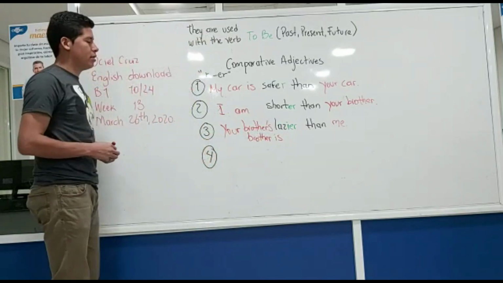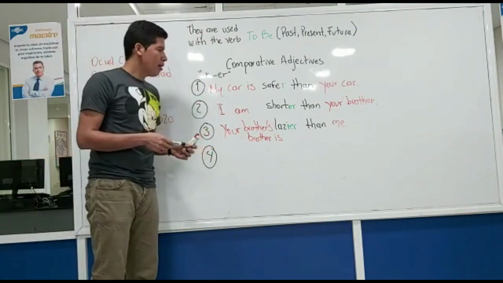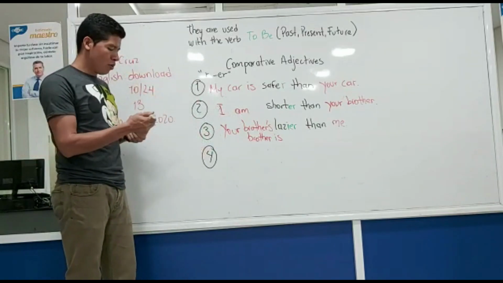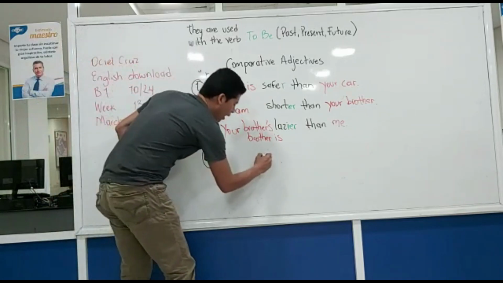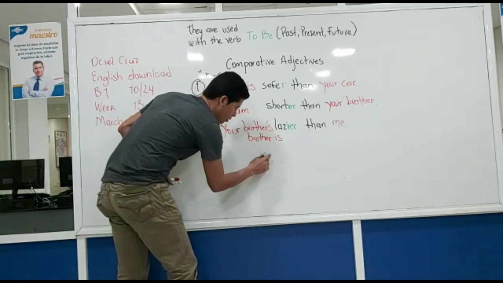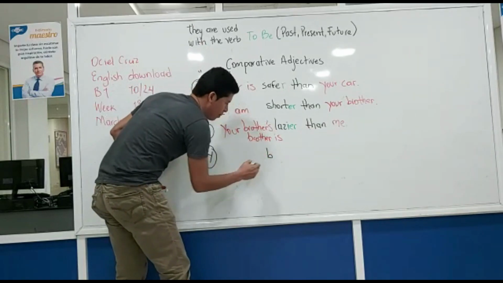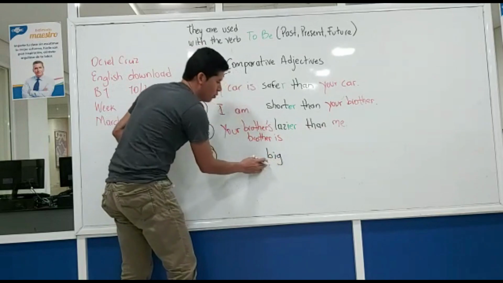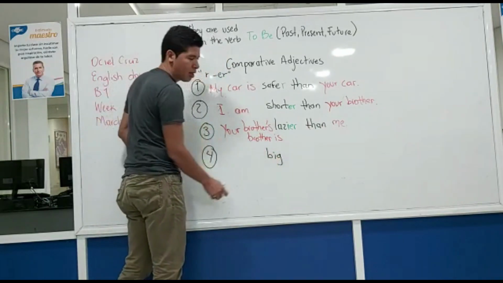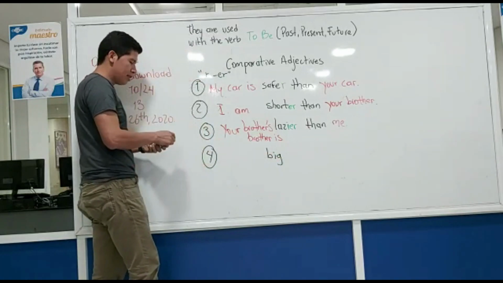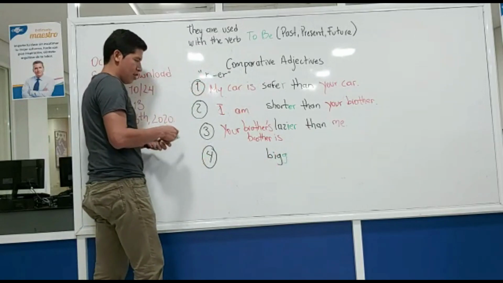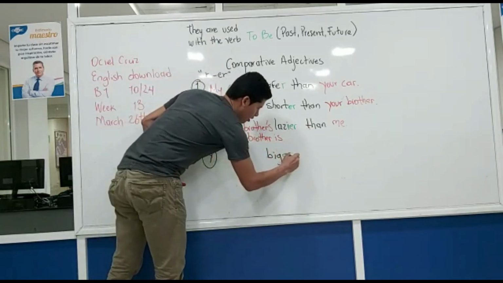So the number four rule is very similar, but we need to duplicate the last consonant because we are going to use adjectives that form the sound, or in grammar we say consonant, vowel, consonant. When I use consonant, vowel, consonant adjectives, we need to duplicate the last consonant and add ER.